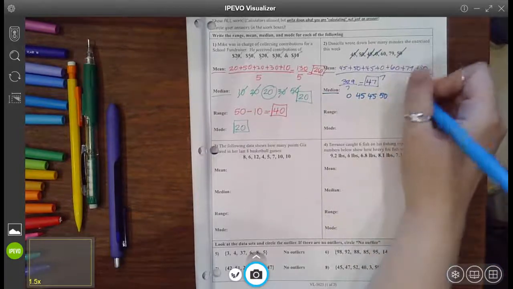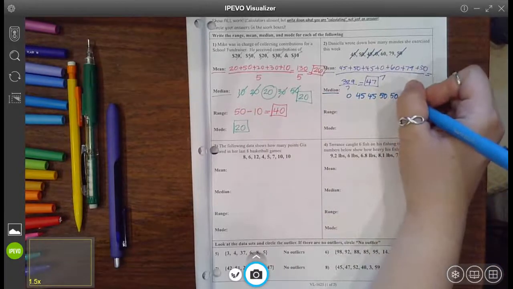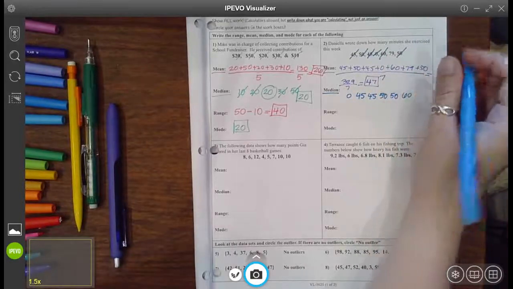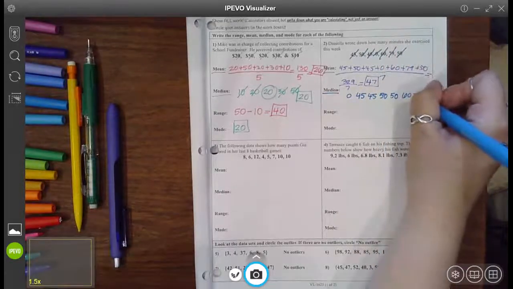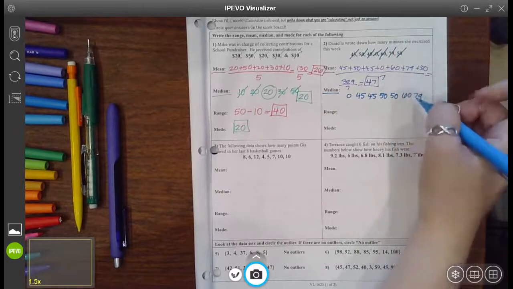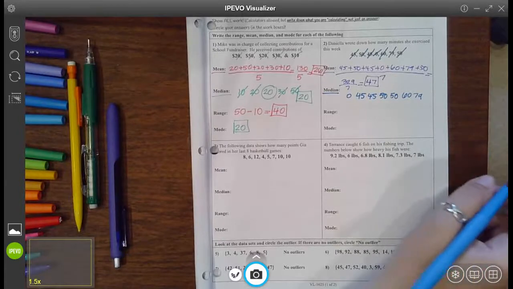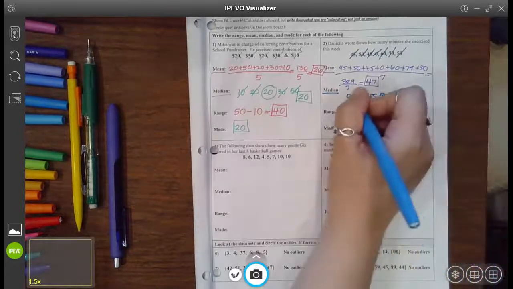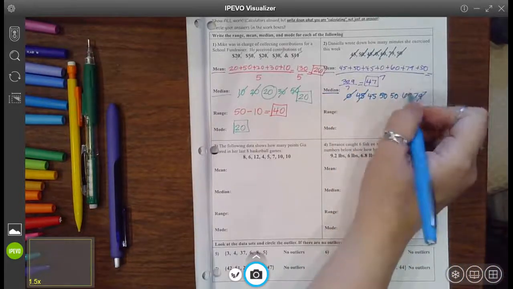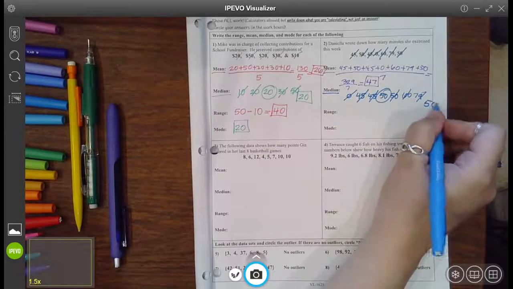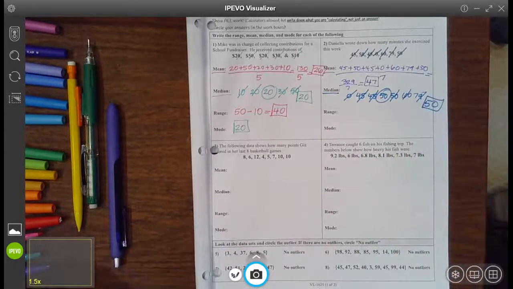And I see another 50. 60. And then 79. Okay, so double check. There should be 7 numbers. 1, 2, 3, 4, 5, 6, 7. Perfect. So now cross off till you get that middle number. So first, last, first, last, first, last. There is your middle number of 50 for the median.